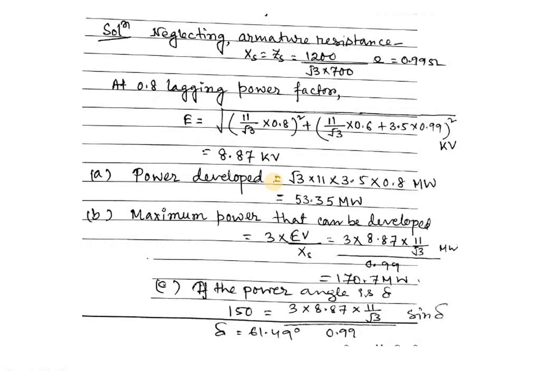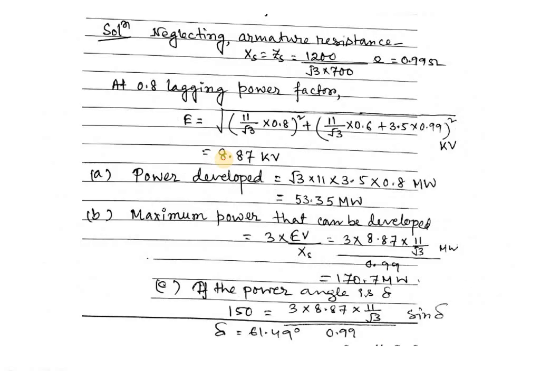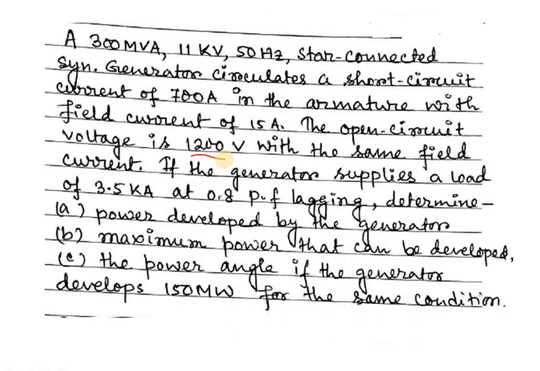So we will solve this problem. Neglecting the armature resistance, our XS is basically ZS. So it will be 1200 volt, the open circuit voltage, divided by root 3, into 700 ampere, the short circuit current.